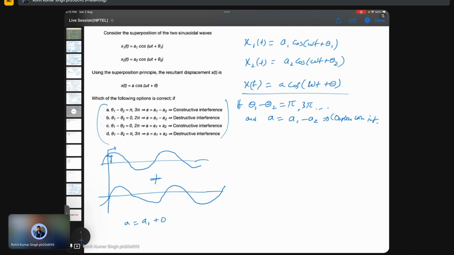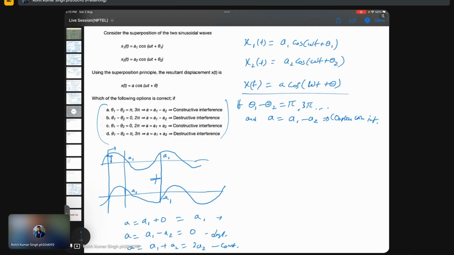But at a different time, let's say here, the amplitude is a1, and here the amplitude is minus a1, right? So the resultant amplitude is a1 minus a2, which will be 0. So this is called destructive interference. And somewhere, at this point, the amplitude is a1 and a2, so the resultant will be a1 plus a2, and this is called constructive interference.